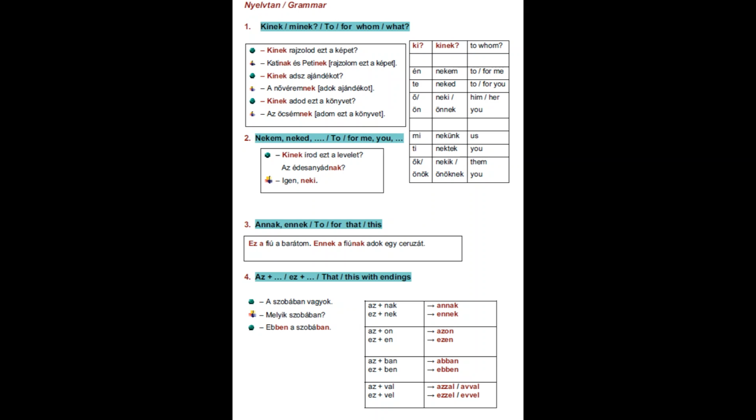The one where the v has dropped out and the other where the z has dropped out, but it's the same meaning. "Azzal" means with that. "Avval" means with that. And "ezzel." "Ezzel" is with this. And in case you heard that, that was my kitty cat saying, enough with the lessons and time to enjoy the day.